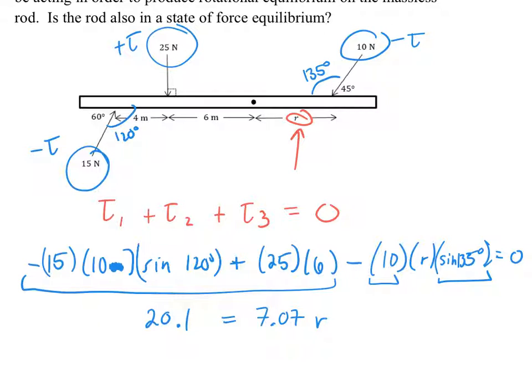Is that correct? 7.07, and then dividing through. Yep. So again, 10 times sine 135 is 7.07. That's really 7.07 times R. I'm going to take that negative quantity of 7.07 R, add it over here to make it a positive 7.07 R, and then divide by 7.07.